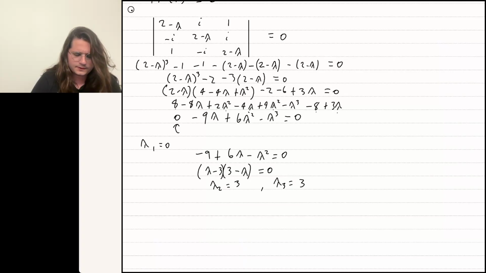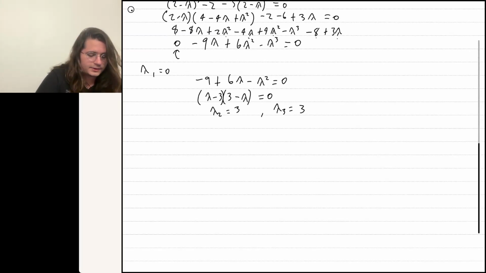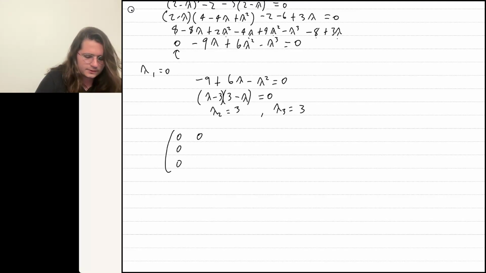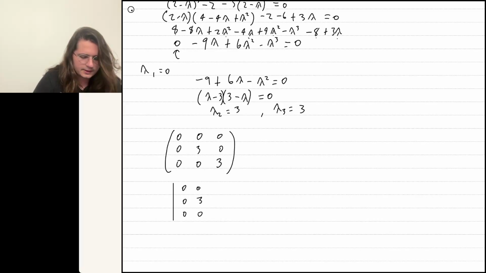So this is actually a degenerate Hermitian matrix here, the diagonal form of which, or the diagonalized form of it, will look like 0, 0, 0, 0, 3, 0, 0, 0, 3. Which if we take the determinant of this guy, it should match up with the determinant of the original matrix that we got.